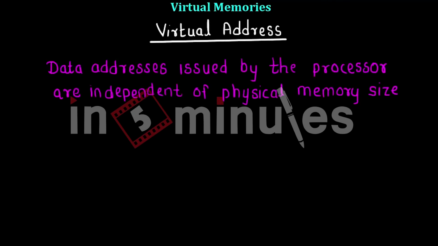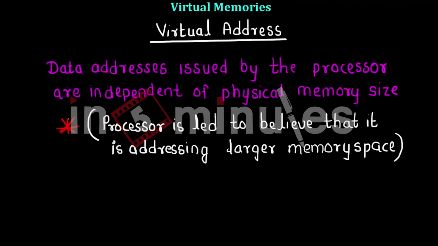Now, in the concept of virtual memory, the addresses which are given by the processor are independent of physical memory size. So even if the physical memory is smaller, the processor can issue addresses which are greater than the size of the physical memory. So that is what we want to achieve here.